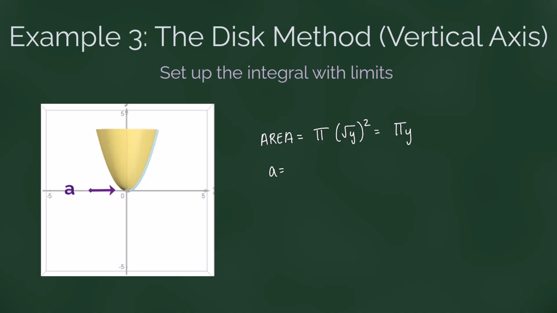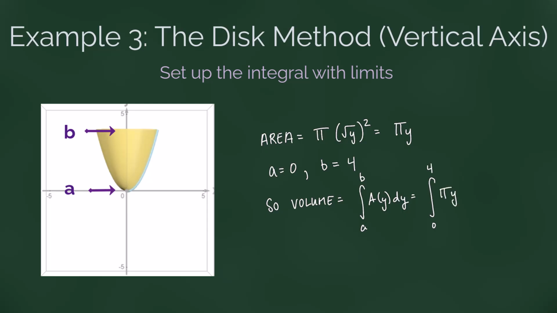We can see that our a value is going to be 0, our lowest y value, and our b value is going to be 4, the upper limit of the y values. And we can use those to set up our volume integral. Volume is going to be the integral from a to b of A of y dy, which in this particular case is the integral from 0 to 4 of pi times y dy.